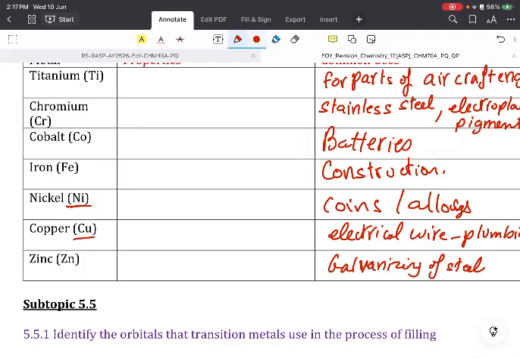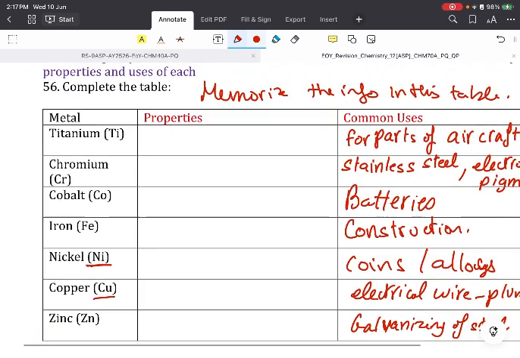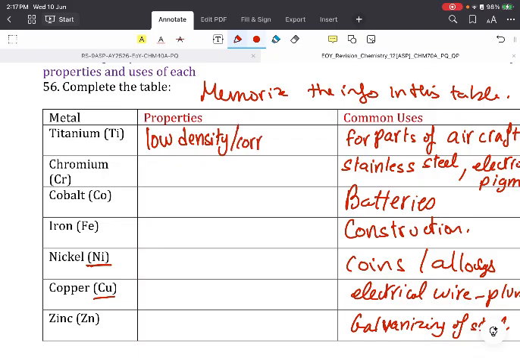Now, let's look at the properties. Zinc, let me start in order and try to memorize these properties. It has a low density and it's corrosion resistant. For the chromium, it's hard, brittle. Chromium is the only metal that is not malleable.